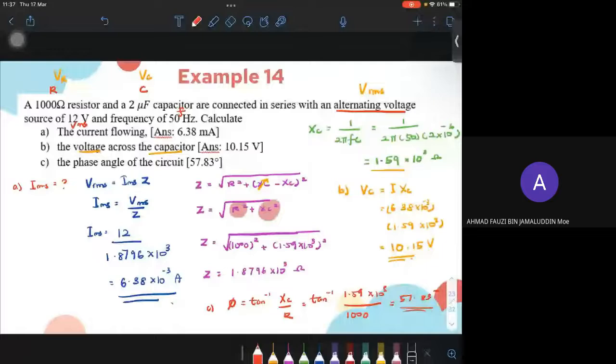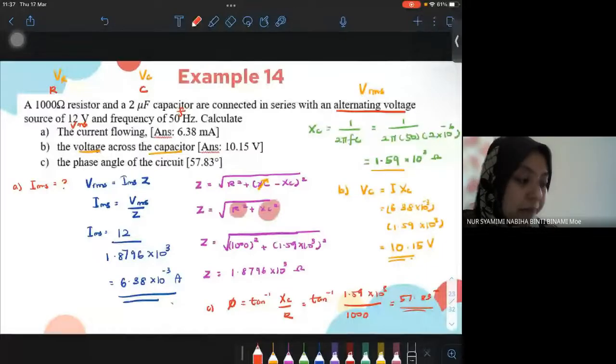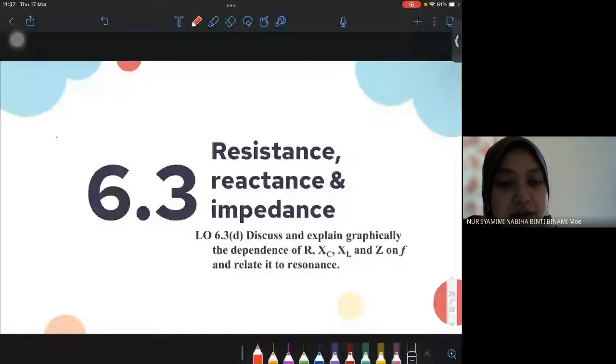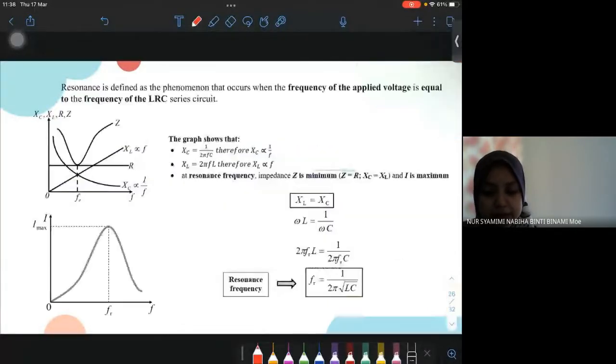Soalan? Tiada, madam. Tiada? Tiada. Okay, so kita akan sambung sikit lagi, which is 6.3D. Discuss and explain graphically the dependence of R, XC, XL, and Z on frequency and relate it to the resonance. Okay, so ini simple sahaja.